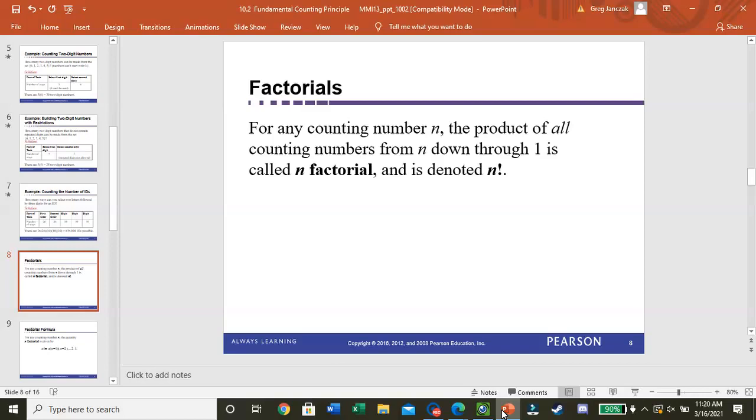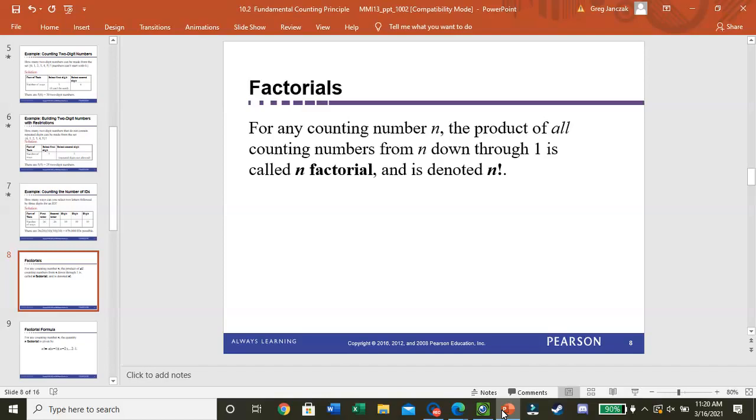Well, why would we want to do it that way? Well, let's say we have 5 students, and we have 5 ways to arrange the seating in the first row. 1, 2, 3, 4, 5. And we have 5 students. So any one of 5 students could be in the first seat.